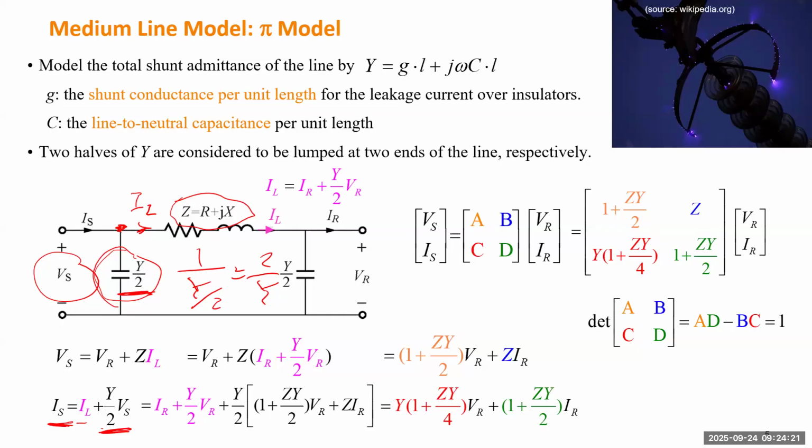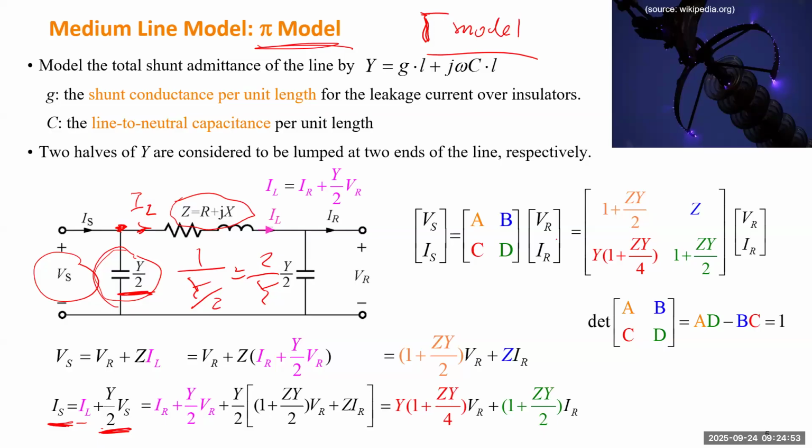A second thing: in this section we only talk about the pi model. But if you have any chance to see other models, for instance, there is a model we call the gamma model. Based on this name, you can tell we just push the element to one side of the line. If the line is very short, it doesn't matter which side we place the capacitance, right?